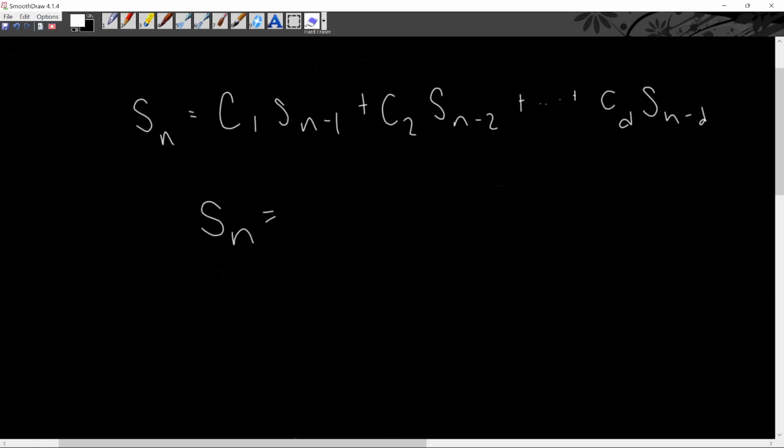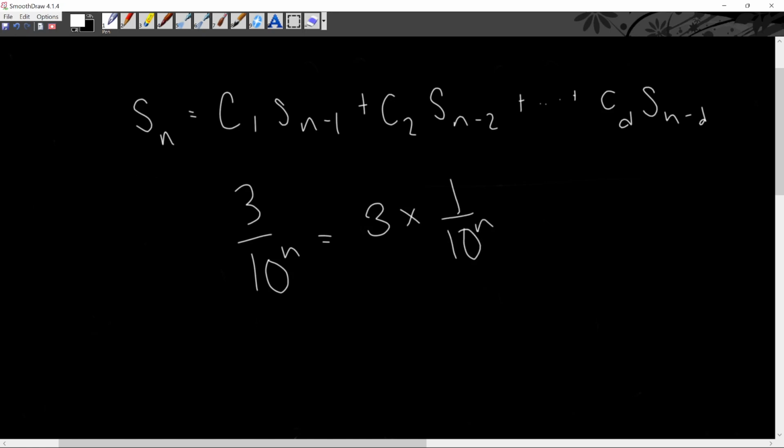If you think of a series as, say, 3 over 10 to the n, right? Oh, this is a geometric series. You have 3 times 1 over 10 to the n, which is again 3 times (1 over 10) to the n, which is a is equal to 3, r is equal to 1/10.